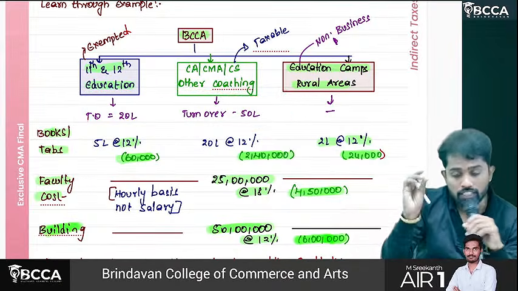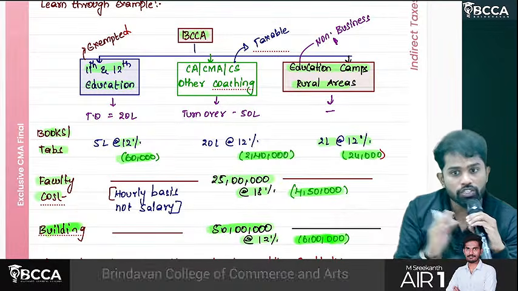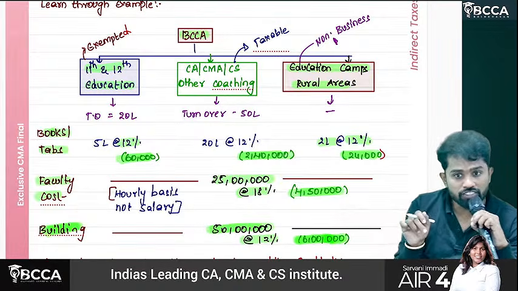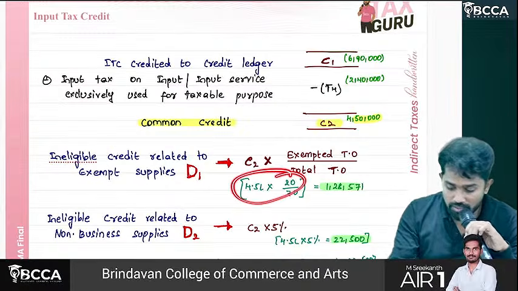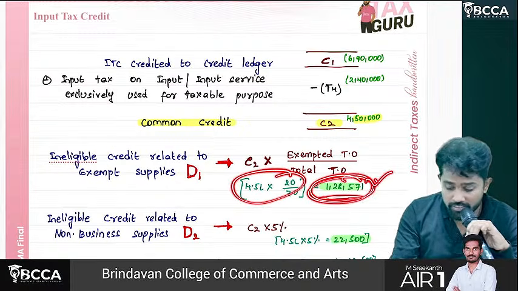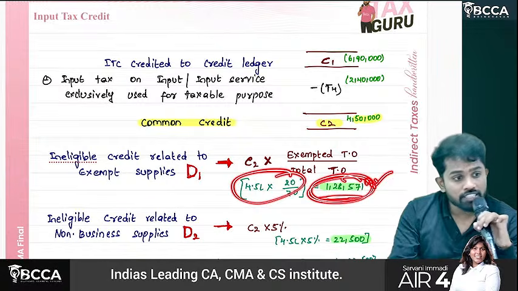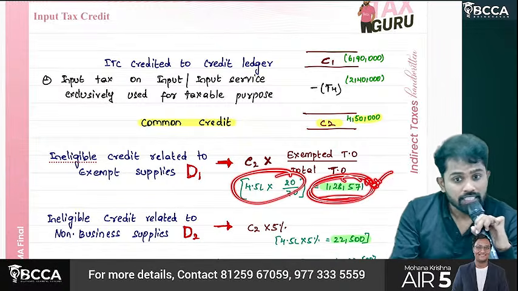So with respect to the turnover ratio, you need to find the ineligible credit: 4,50,000 into 20 lakhs divided by 70 lakhs. That is 1,28,571. This part of credit is related to exempted, which is ineligible.